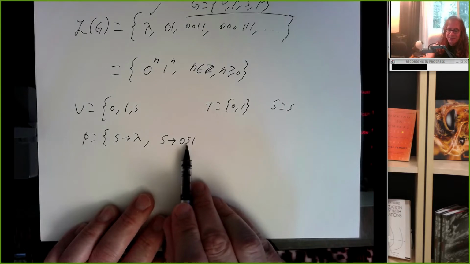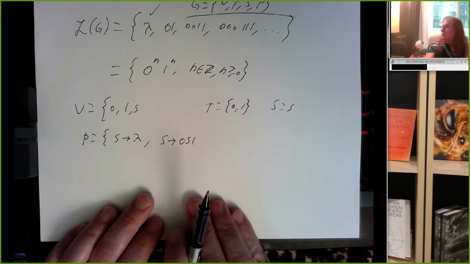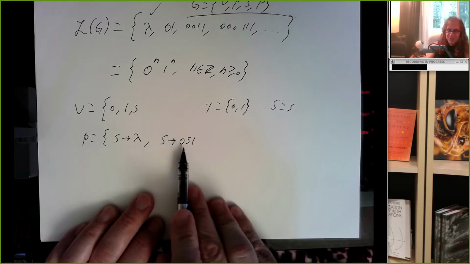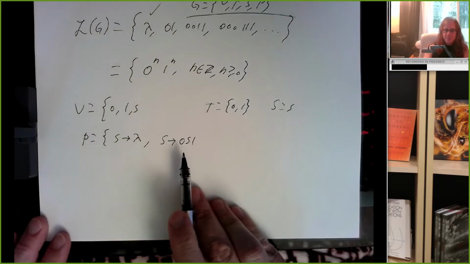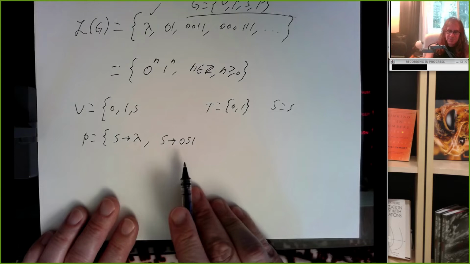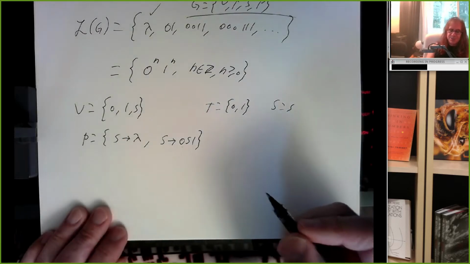Because S will have n zeros followed by n ones, while this will have n plus 1 zeros followed by n plus 1 ones. And this will still be something that we want in our language. And it turns out this is all we need for this language.